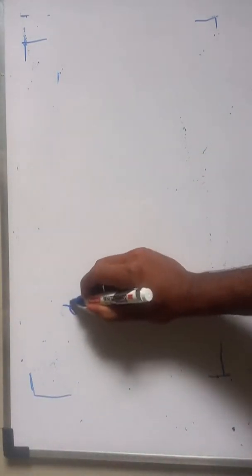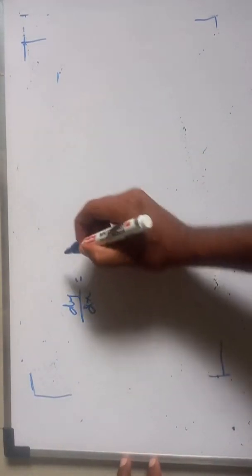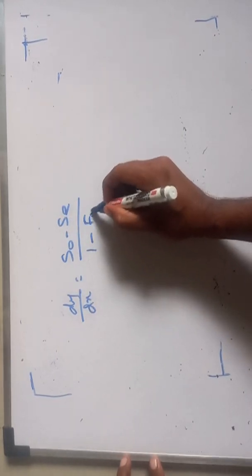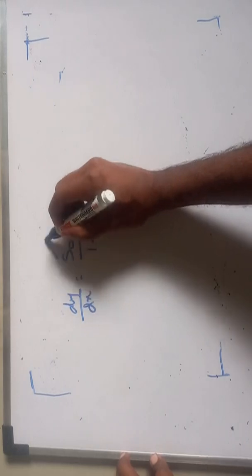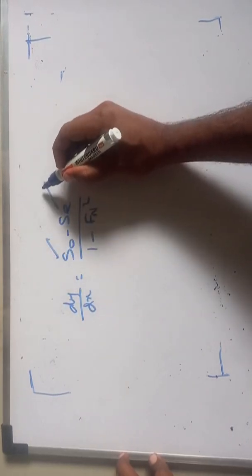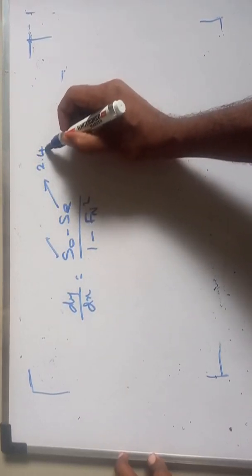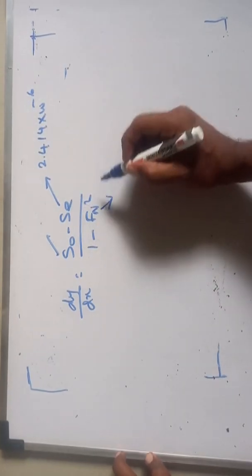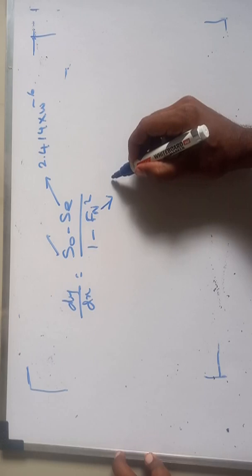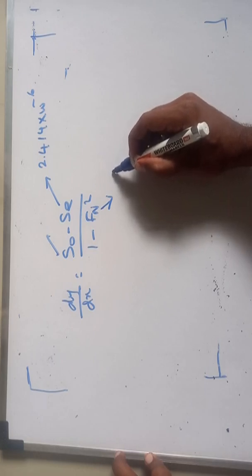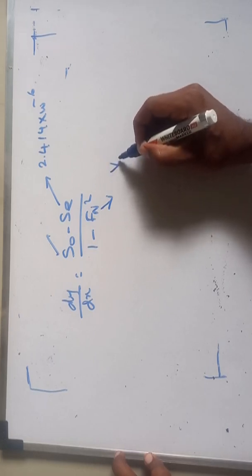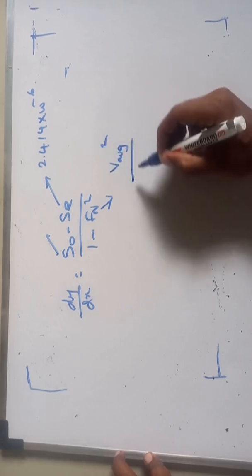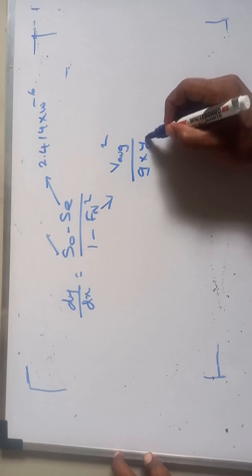Then dy by dx is equal to S naught minus SE divided by 1 minus Froude number square. I know SE, we just calculated it as 2.414 into 10 power minus 6. But Fn is not given. Fn is very simple: Fn square is nothing but V average square divided by g times y.